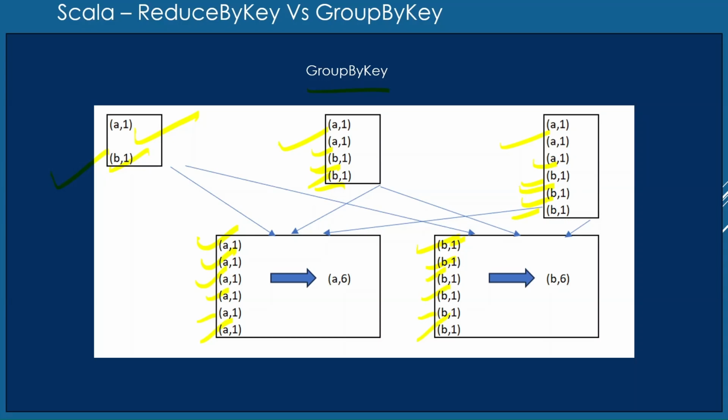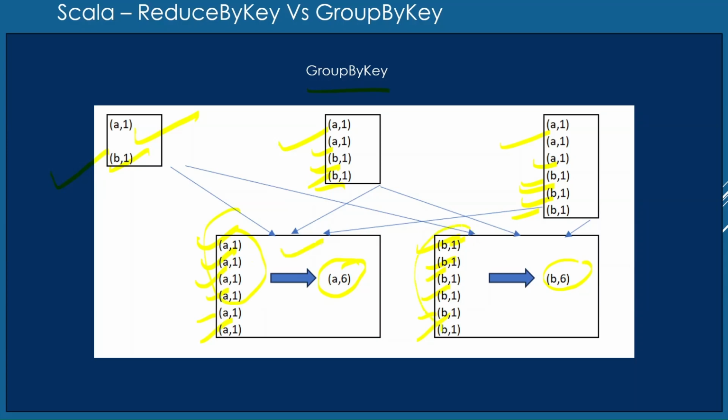When the data shuffles from the first stage, the data would be very huge. Then it requires a lot of memory to store, which makes group by key not a very performance optimized aggregation function. And you can see here the aggregation is happening at the very last stage, when the data is shuffled across different partitions and the same key comes into a single partition. So this is the A, which now becomes a partition stored in this executor.